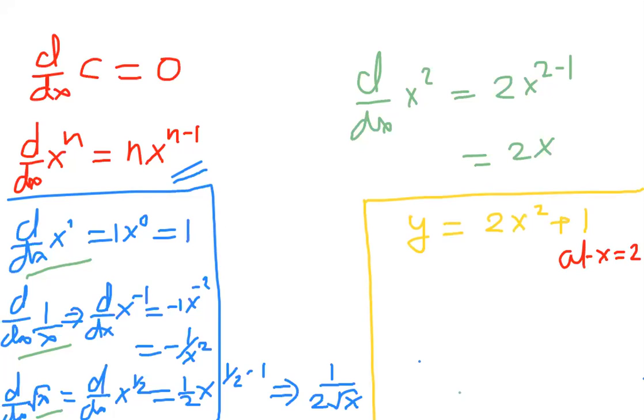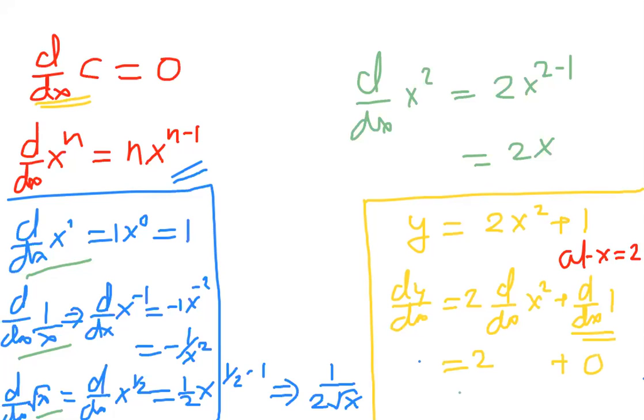So first of all, we need to find dy on dx will be 2 times differentiation of x square plus differentiation of 1. 1 is said as constant. So the differentiation of constant will be 0. 2 differentiation of x square will be 2x.